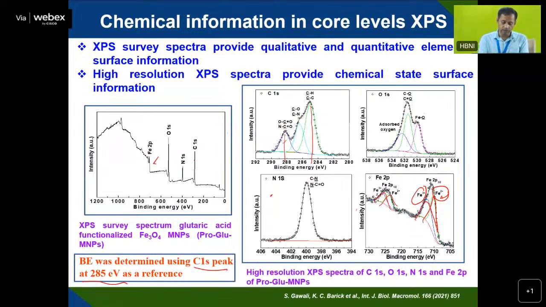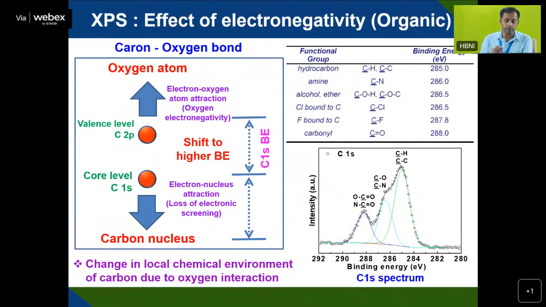If a highly symmetric peak is there, that means there is no other interaction. Only that particular interaction, carbon-nitrogen, is here, so there is no shifting observed in that case. What you are seeing is the effect of electronegativity, carbon-oxygen or carbon-nitrogen, so electronegativity plays an important role.